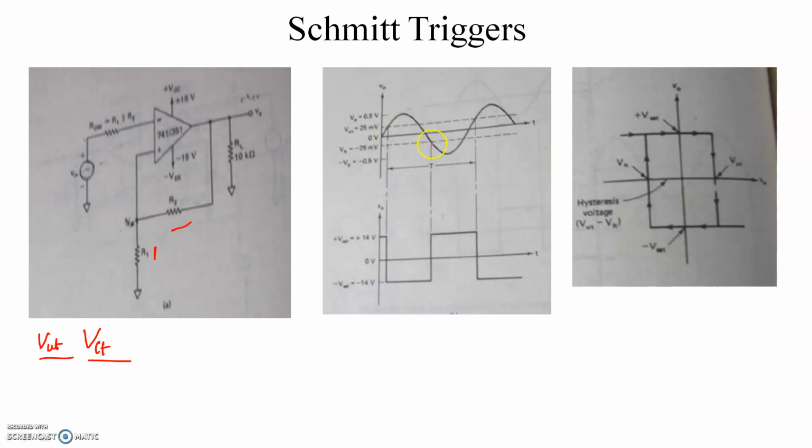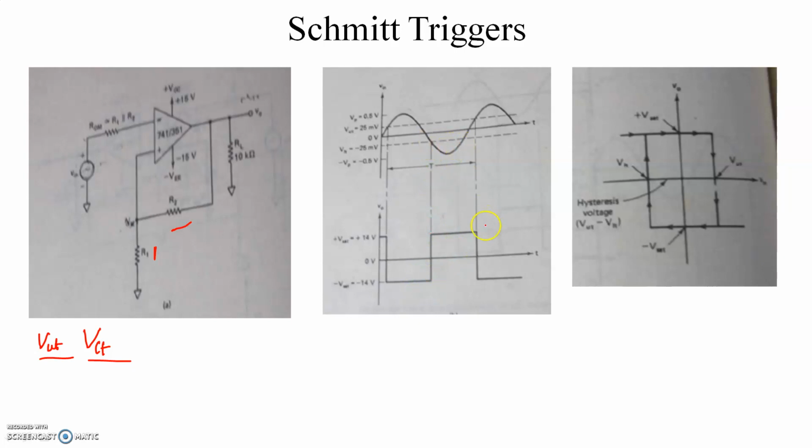Whenever the input voltage is slightly more negative than VLT, the net differential input voltage becomes positive, so the output voltage switches to positive saturation.